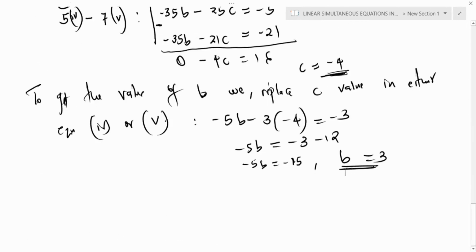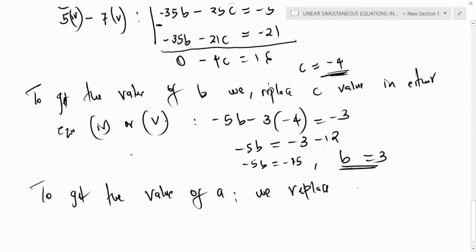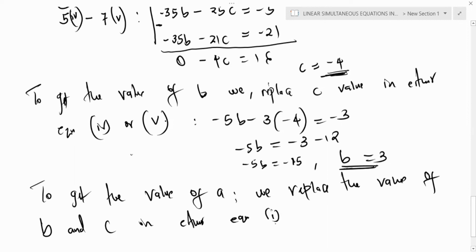So to get the value of A, we replace the value of B and C in either equation 1, 2, or 3. Any of these equations you can replace and get the value of your A.